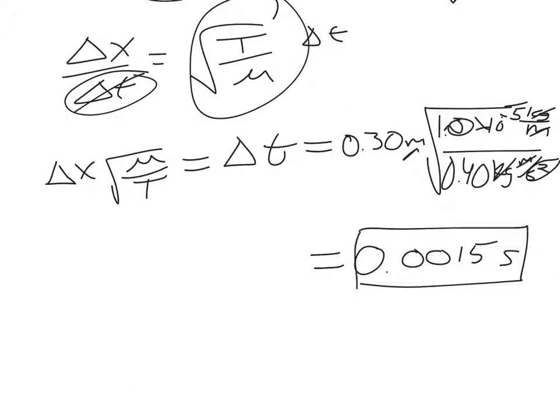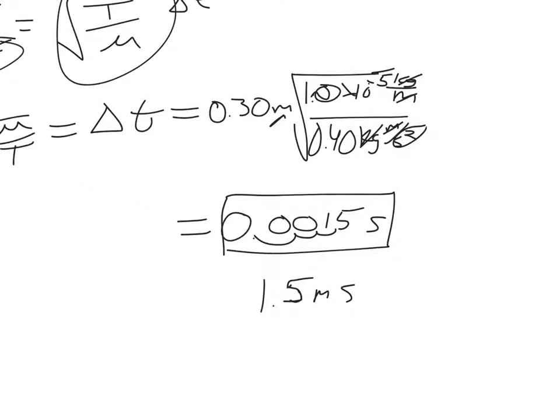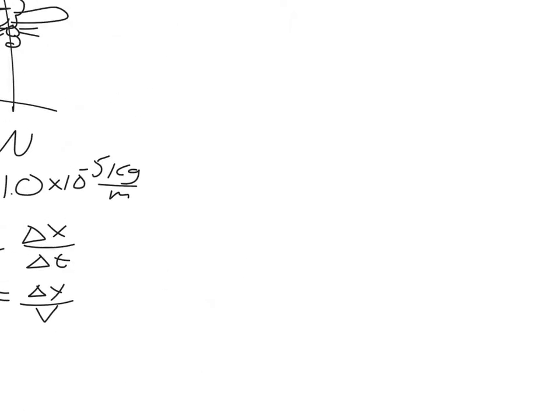It's definitely 0.0015 seconds, which if I move the decimal 1, 2, 3 times, I get 1.5 milliseconds. The one thing that is bothering me is why isn't my unit canceling? All right. Well, I may just have to leave that and come back to it later. All right. Let's move on.